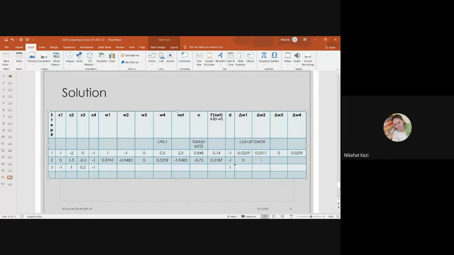So D is minus 1, O is minus 0.75. So minus 1 plus 0.75, minus 0.25 into 0.1, minus 0.025 into f dash net.